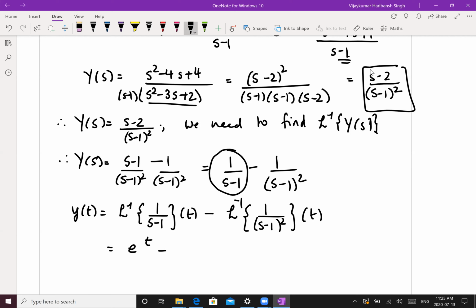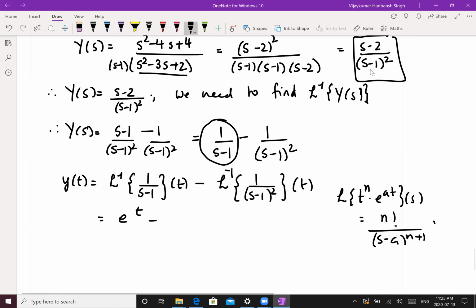Since we know that the Laplace inverse of t to the power n e to the power at is going to be n factorial upon (s minus a) to the power n plus 1. And this is only true for n belonging to the integers, right? If n is not a natural number, or not an integer, then we have the gamma function. But we'll come to an example on that.